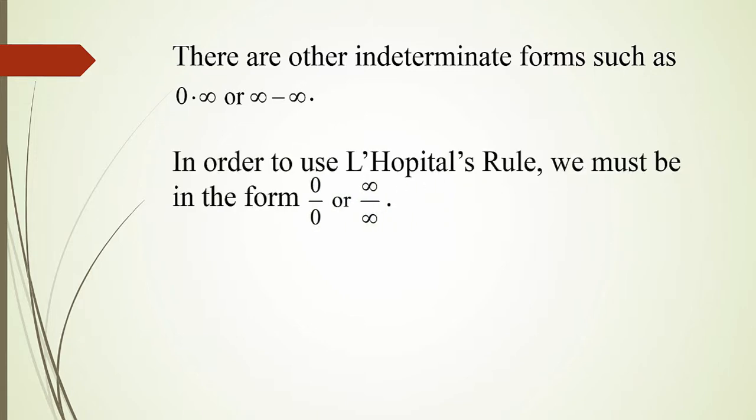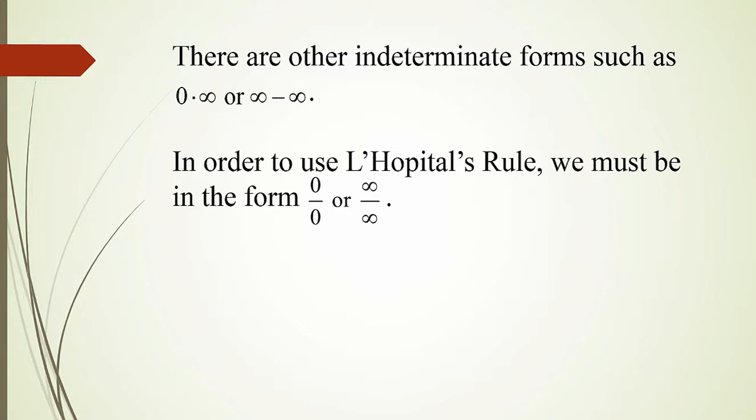So if we have a situation with one of those off-brand indeterminate forms, in order to use L'Hopital's rule, you can only use L'Hopital's rule when you're in the form 0 over 0 or infinity over infinity. So if it's 0 times infinity, can't use L'Hopital's rule. Infinity minus infinity, can't use L'Hopital's rule.